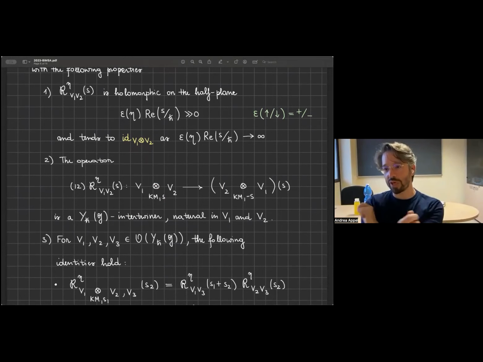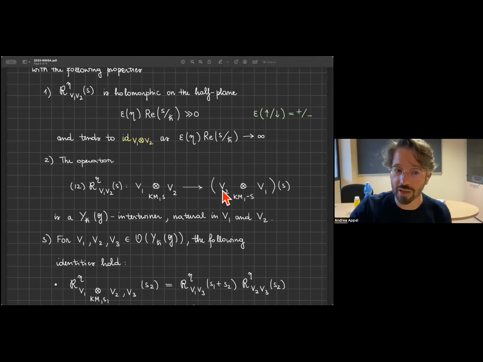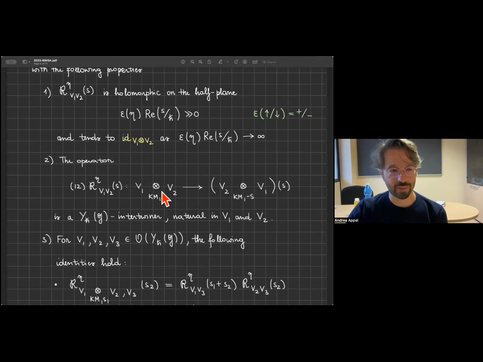First of all, we are flipping, so we are actually going to the minus S, but then we need to shift everything by S, because in fact the representation that has been shifted is really V1, it's not V2. Okay, so it's slightly clumsy, but this is how you would read this identity. So the first thing, this is what a meromorphic braiding would be. So a natural isomorphism between these two functors depending on this parameter S.